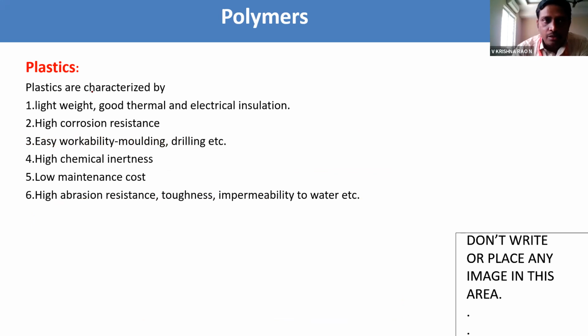How are plastics characterized? Plastics are light in weight. They are good thermal and electrical insulators, as we have already discussed. Insulators do not allow electric current to pass through them, so they are called electrical insulators.